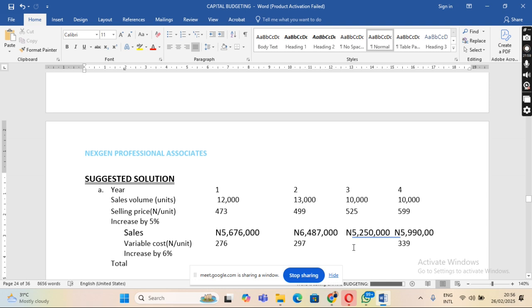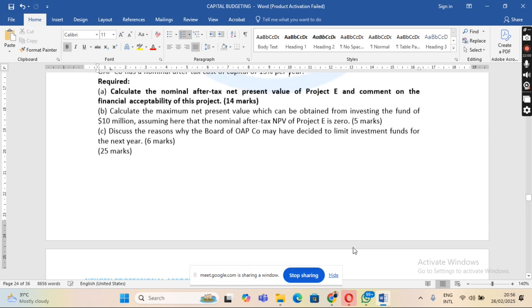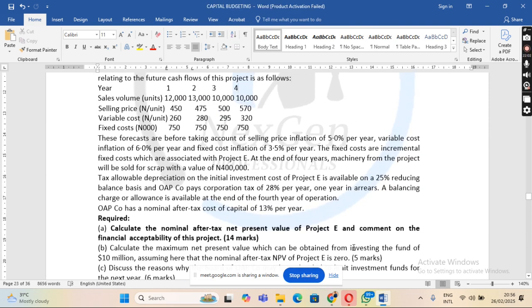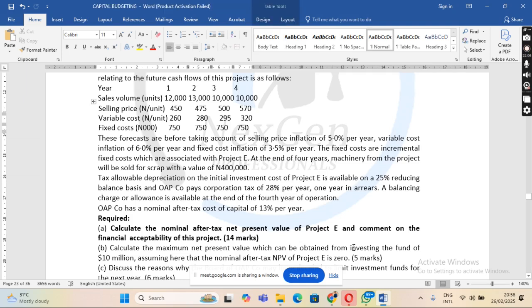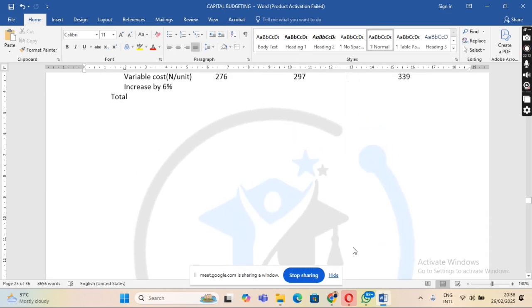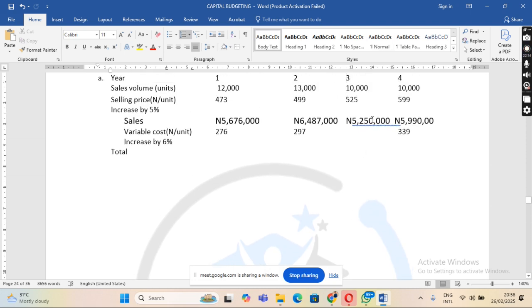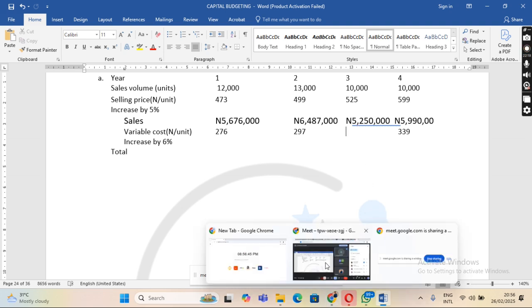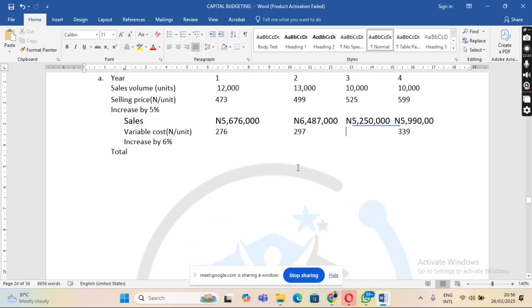Please don't forget that we're given the variable cost before you will be increasing that figure. Just increase the variable cost by 6%. Year 3 is 313. Please, let someone confirm. That's fine.